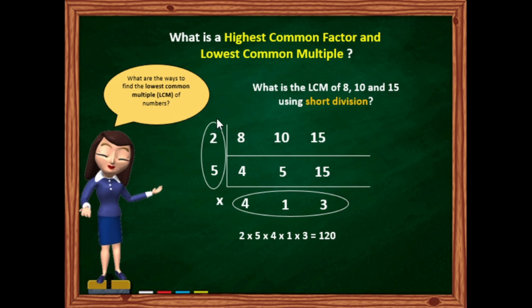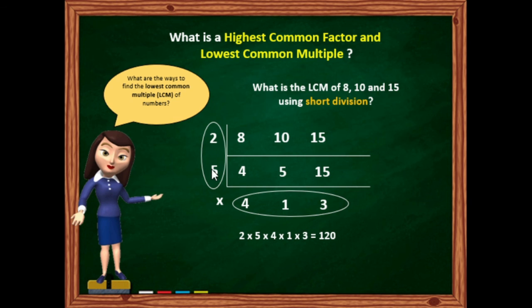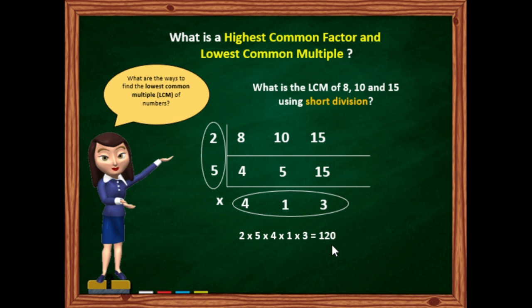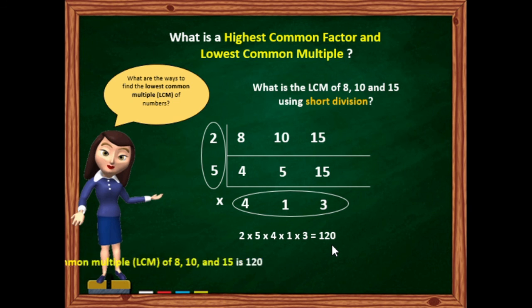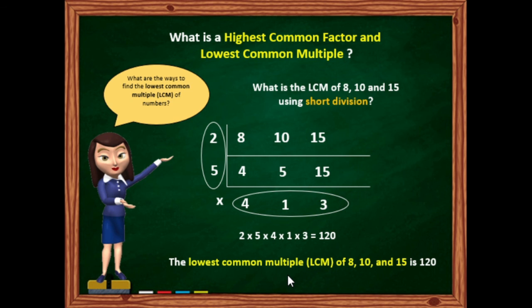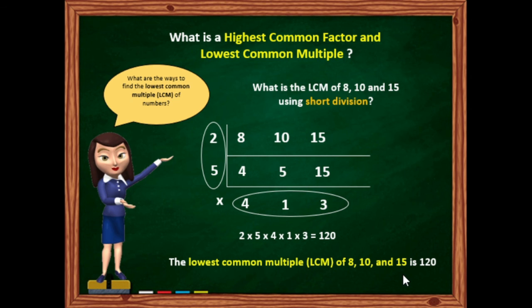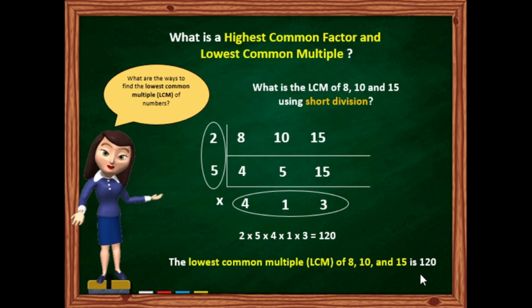Again, multiply the numbers at the sides and the numbers below: 2 times 5 times 4 times 1 times 3 gives us 120. Therefore, the lowest common multiple or LCM of 8, 10, and 15 is 120. That is how you get the LCM using short division.